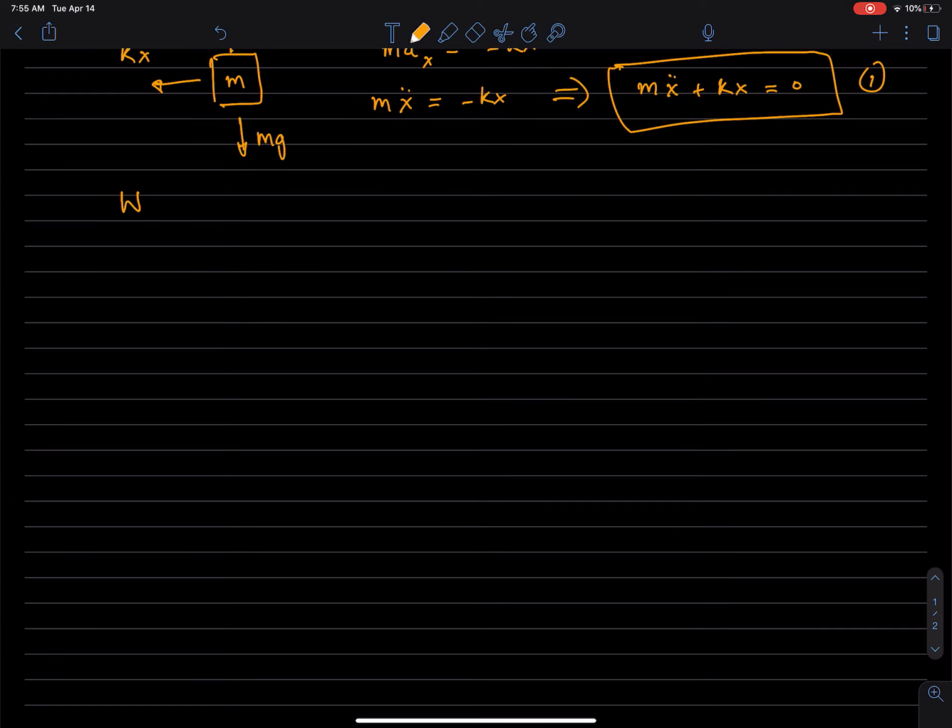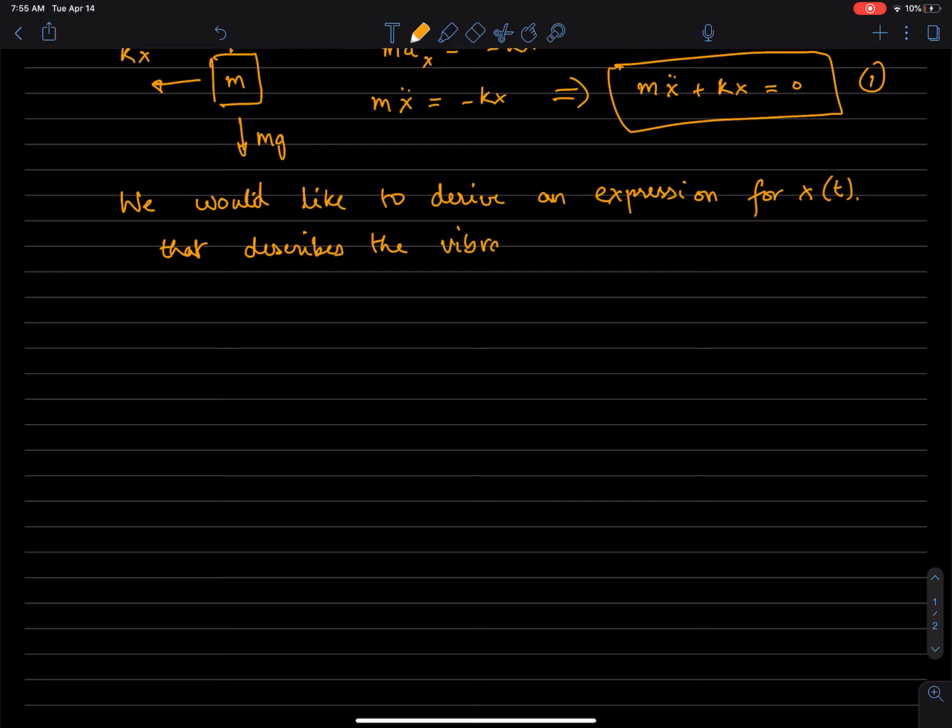We would like to derive an expression for x of t that describes the free vibration of mass m.